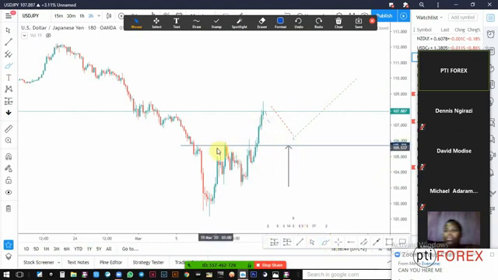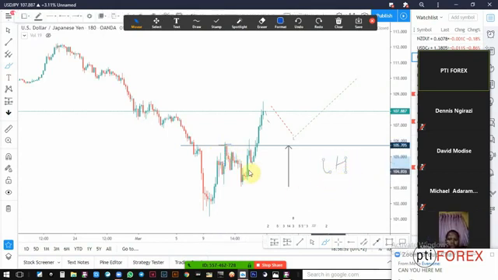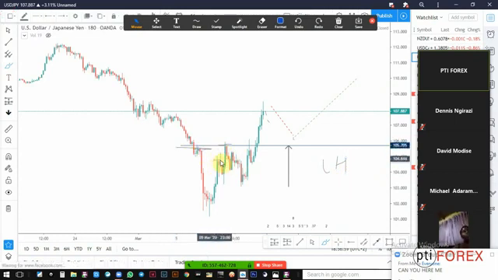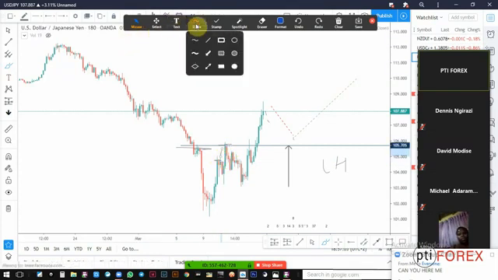When the market approached this level here, we can see that it didn't form a lower high, but the high that it formed was equal to this previous one. Or if we consider this part as a high, we can say that this one was higher than the previous one.